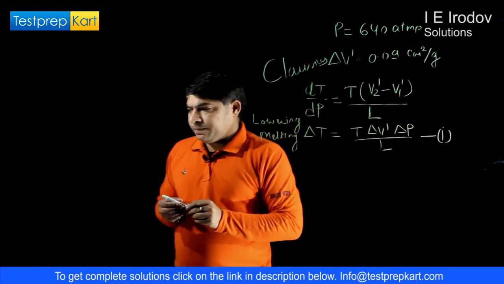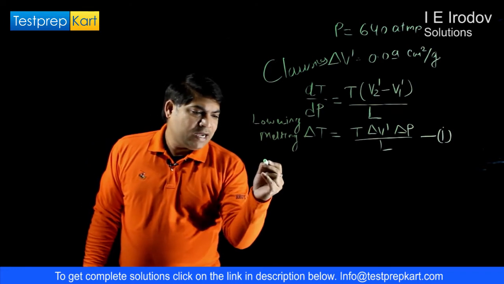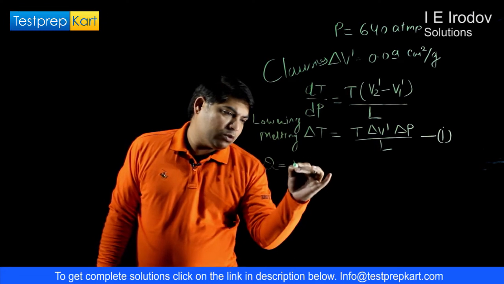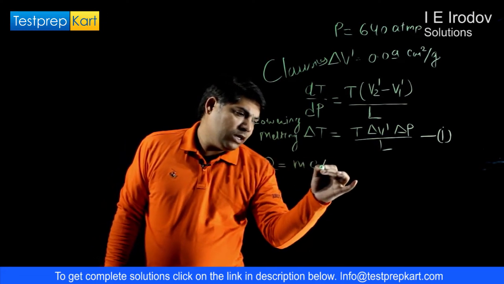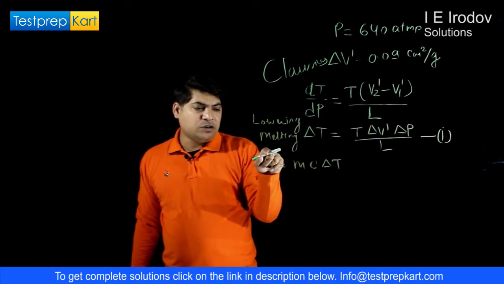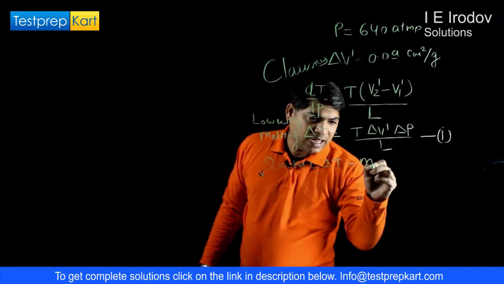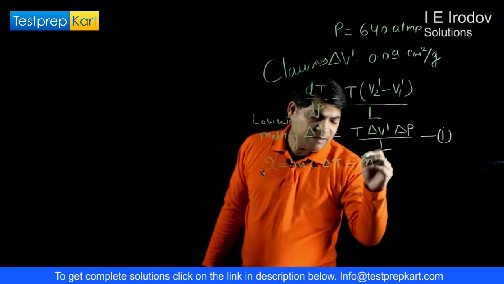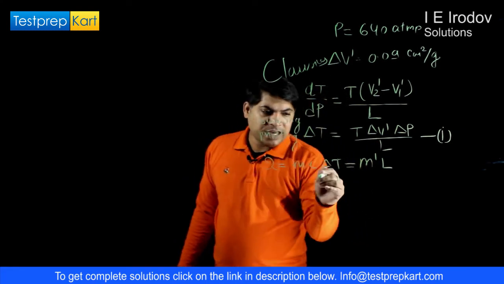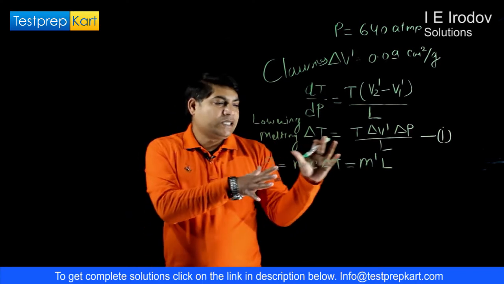Now, when we are supplying some heat, the heat released by the ice, Q, would be equal to M C delta T, and this much amount of heat will be utilized in melting, let's take m' kg of ice, m' into L. So from here we need to check by which fraction the melting is taking place.